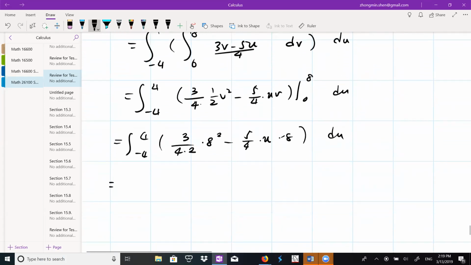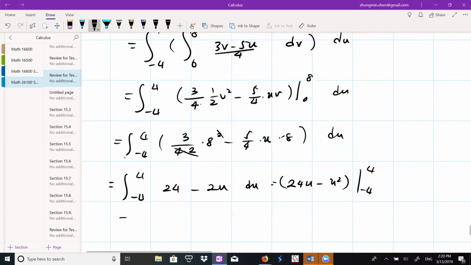Let's simplify it. 24, and this 8 over 2 times u is 2u. So the entire derivative will be this one. It is just going to be 24 times 8, 192. So that's it.